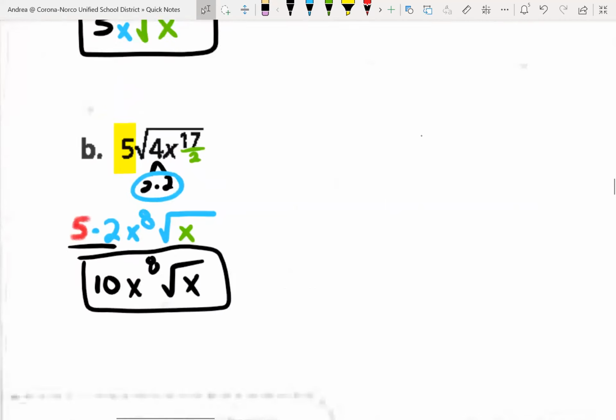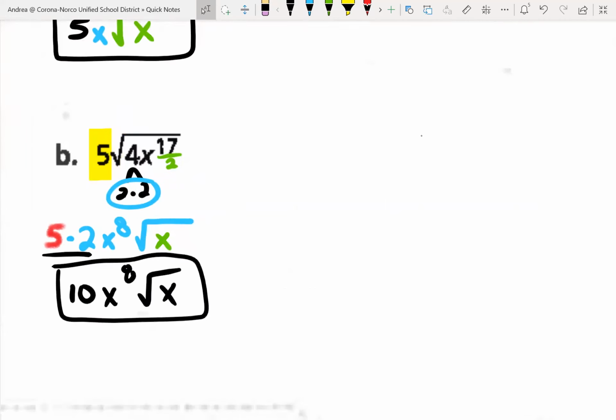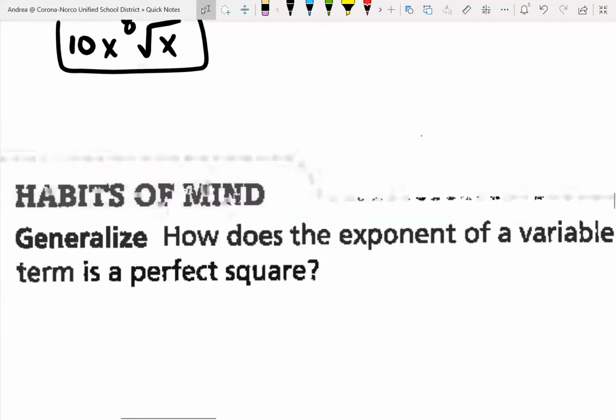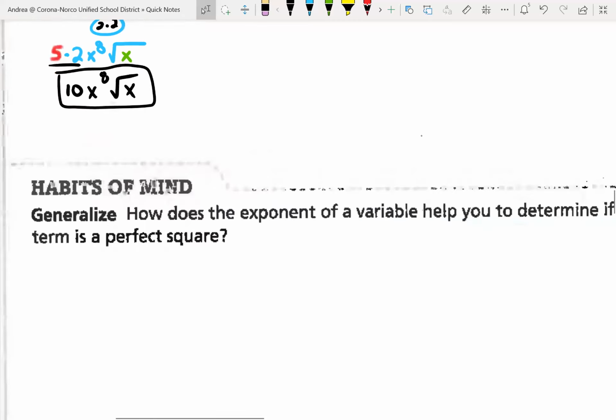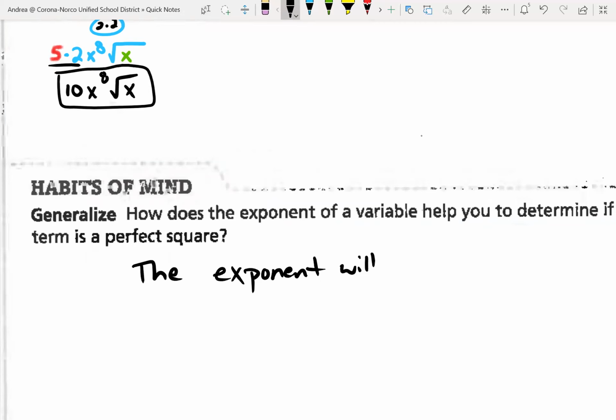What did we have to divide the exponent by? 2, right? If I want a perfect square, what do I know about the exponent? It has to be even, right? X to the 14th will have a perfect square of x to the 7th, because x to the 7th times x to the 7th is x to the 14th. Does that make sense? Okay, so you want it to have an even exponent.